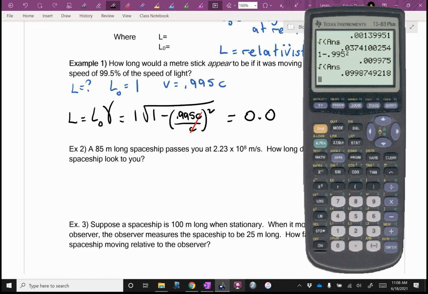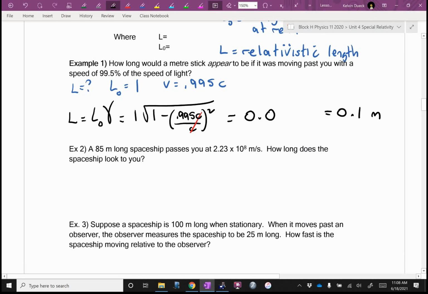Let me try that again. 0.0998. No, 0.099 if I round off properly. Yeah, it's really close. Basically, by the way, if you're moving at 99.5% of the speed of light, the time dilation factor is almost exactly 10 to 1. 10 years go by on Earth for 1 year on the spaceship. The length contraction factor is almost exactly 1/10.